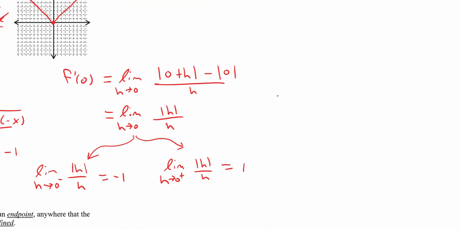So then the limit as h approaches 0 from the left does not equal the limit as h approaches 0 from the right. Okay, so then therefore f prime of x does not exist.